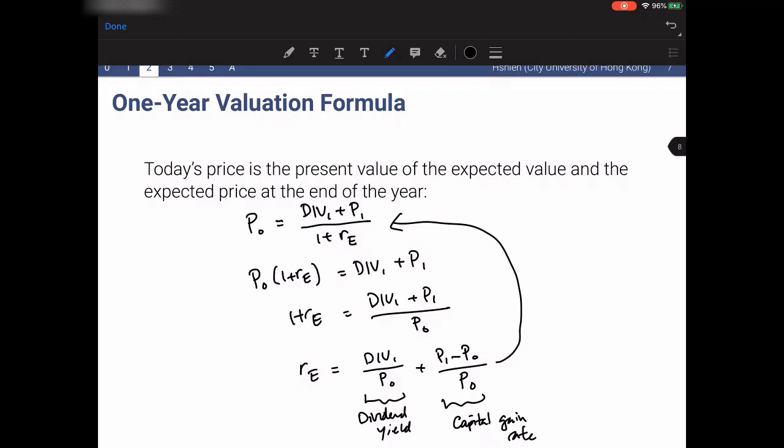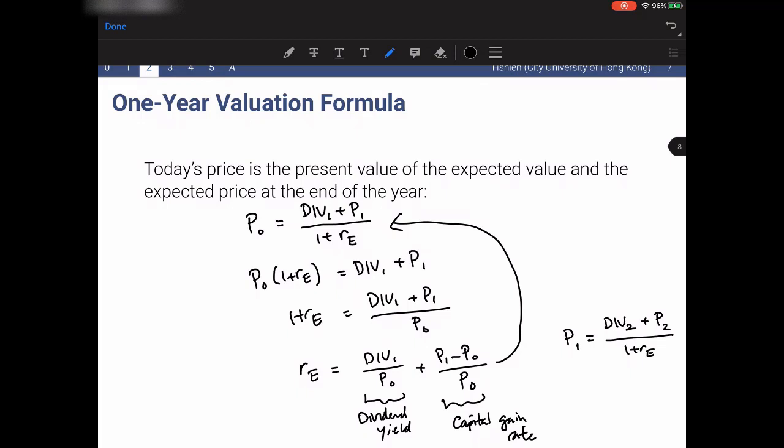model. Okay, so for example, we can define P1 in terms of dividend payments 2 years from now, plus the price of the stock 2 years from now divided by 1 plus E, right? So we're only discounting back to time 1.